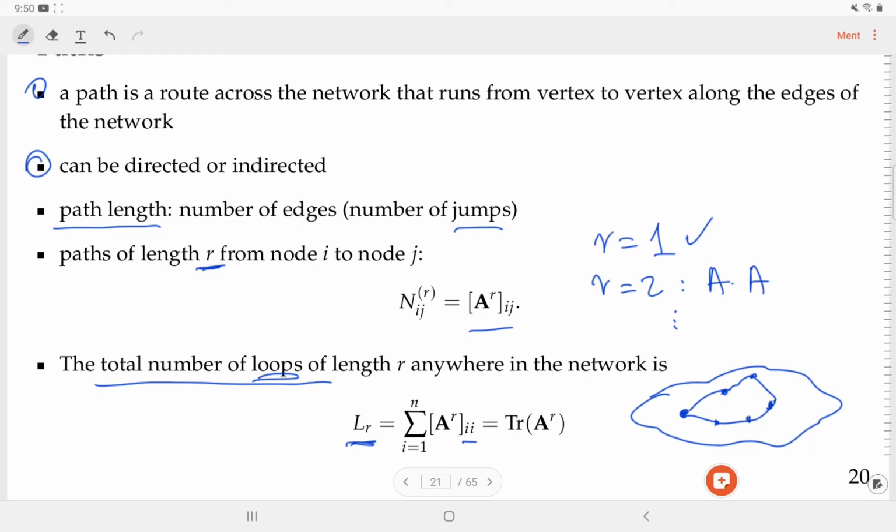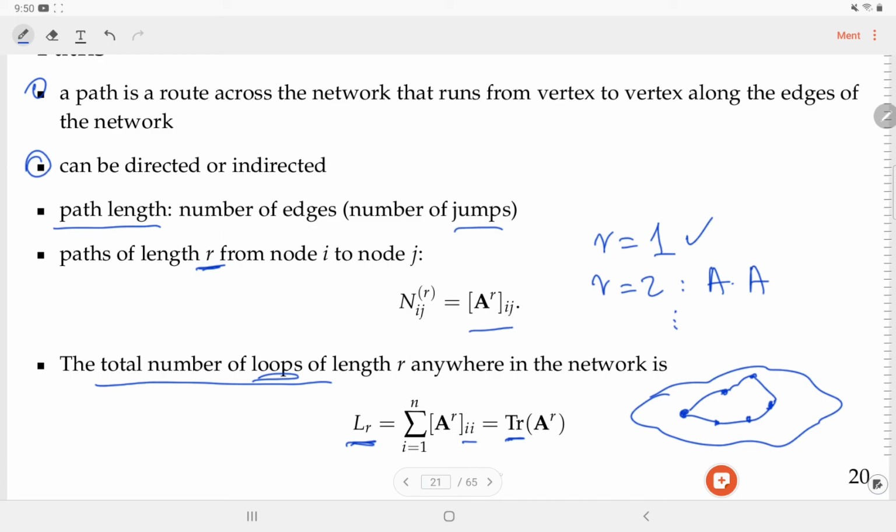Of course, if we have node 5, then it's the total number of cycles including node 5 in the network. And this tr is just a notation called the trace of a matrix, and you can see that by definition the trace is nothing else but the sum of the diagonal elements in the matrix.